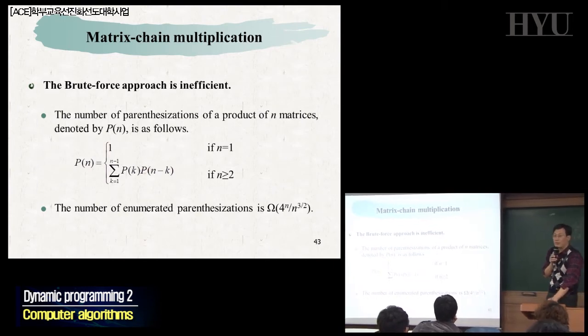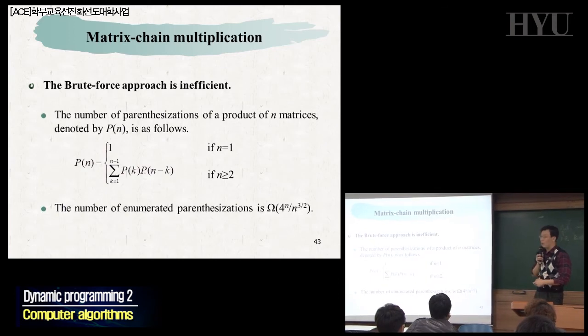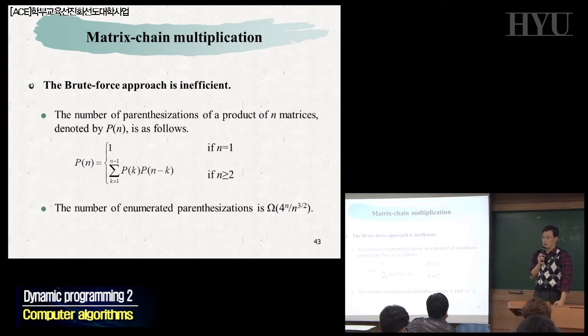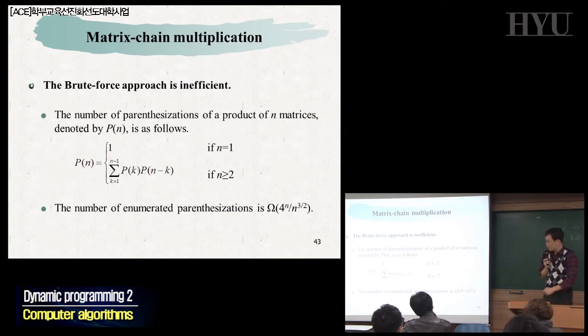So if we solve this recurrence, we can find the number of enumerated parenthesizations. And it is like this. It is asymptotically bounded below by 4 to the n over n to the 3 over 2.